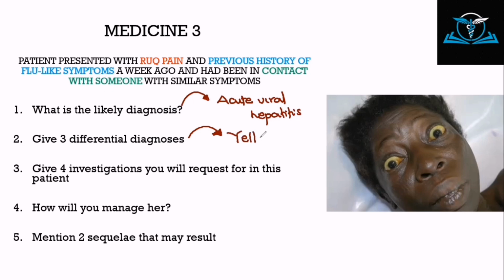Okay, yellow fever should come first, then I would entertain the rest: autoimmune hepatitis, and then drug-induced hepatitis.